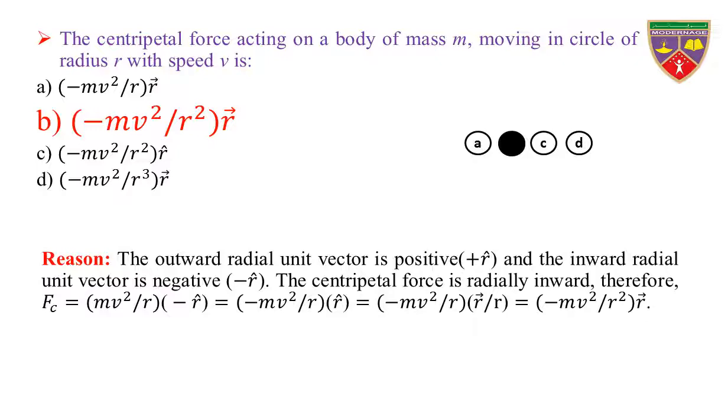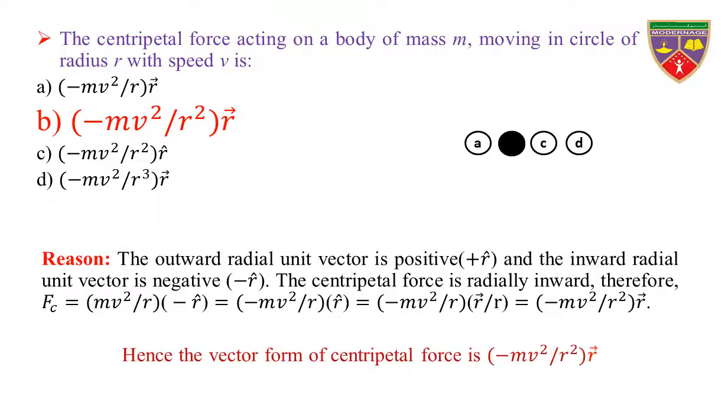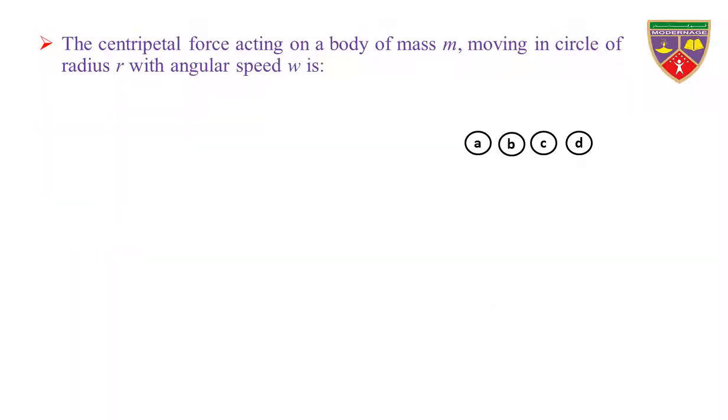Now putting the value of the unit vector, we have minus mv square divided by r into r vector divided by r, which is equal to minus mv square divided by r square into r vector. Hence, the vector form of centripetal force is minus mv square divided by r square into r vector.